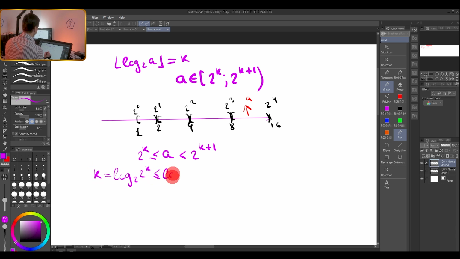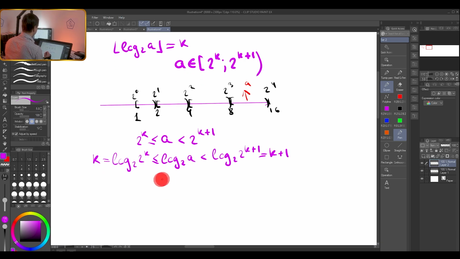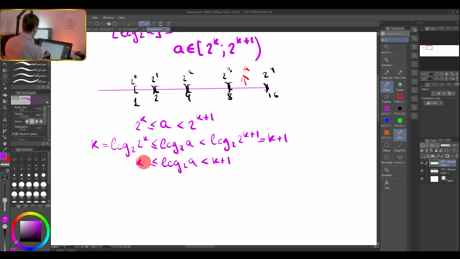It's simply k, less or equal than log 2a, and less than log 2 of 2 to the power of k plus 1, which simply equals k plus 1. And here you have numbers that differ only by 1. So it means that log 2a is less than k plus 1, but greater than or equal to k. It means that we already found the interval of length 1 that contains this number.